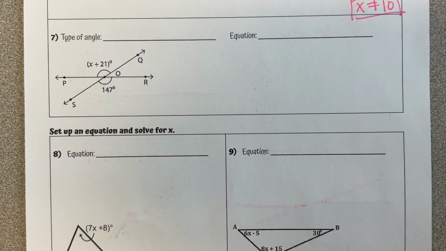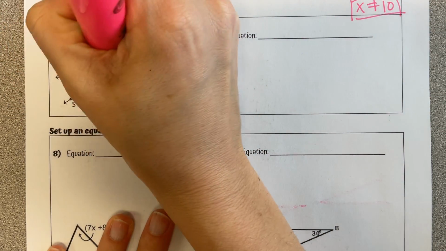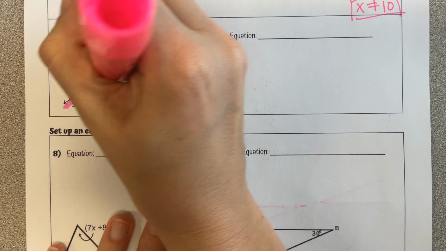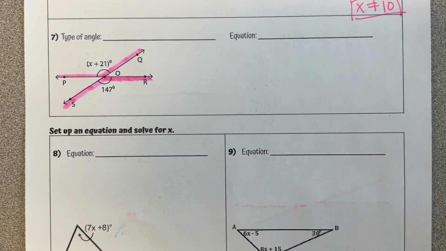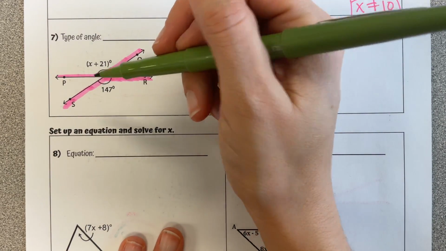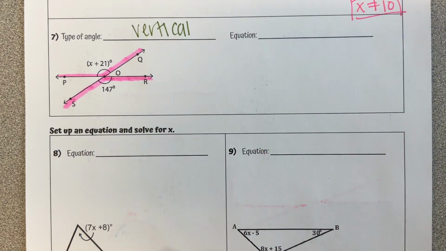Number 7, the angles that we are looking at here. We have this angle and we have this angle. They're not next to each other, so they're not adjacent, so they can't be supplementary or complementary. They are on opposite ends of intersecting lines, therefore they are vertical angles. And a reminder, vertical angles are congruent.